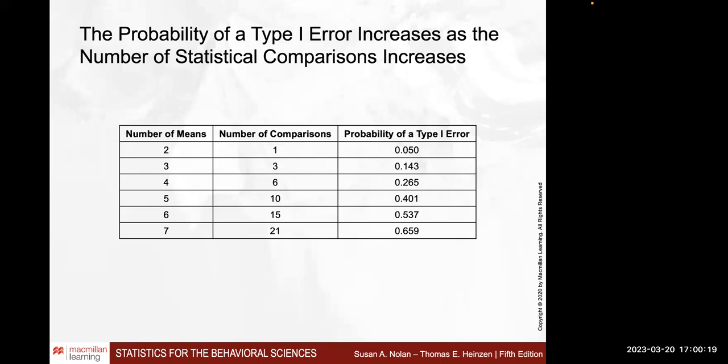Exponentially inflated type 1 error. Therefore, you need a different approach, mitigating and minimizing the risk of having type 1 error, because obviously you don't want to reject something that you shouldn't reject.